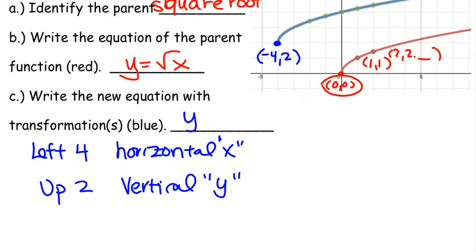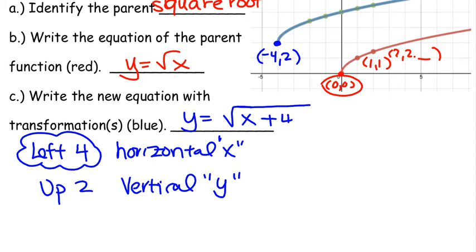So y equals the square root of x is the original parent. Now let's take care of the left. When it's left 4, that's inside the function. That's going to be underneath the radical, underneath the square root. Now I always say inside is think opposite. So since we're going left 4, you want to say, oh yeah, it's subtract 4, but opposite. Add 4 inside the function, underneath the radical.